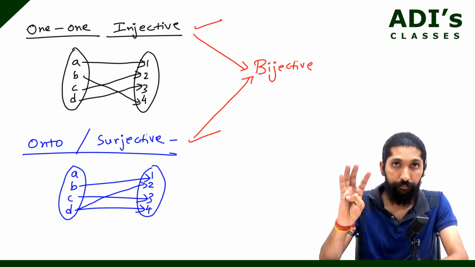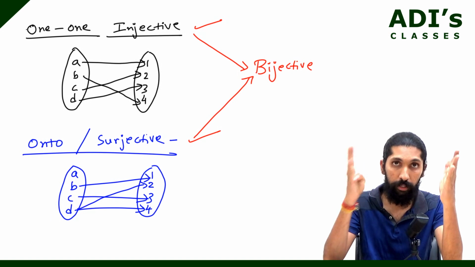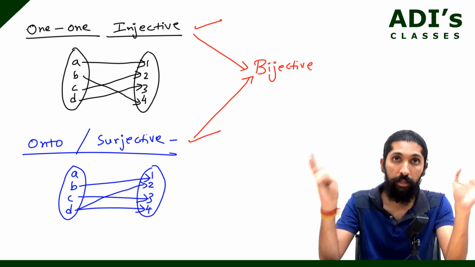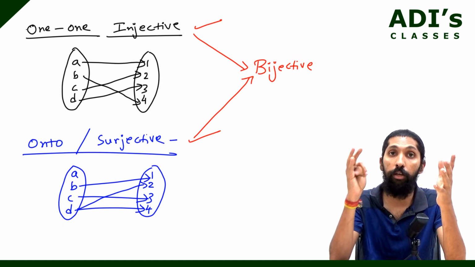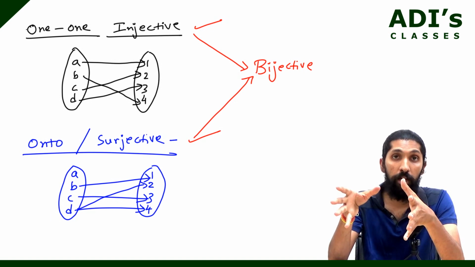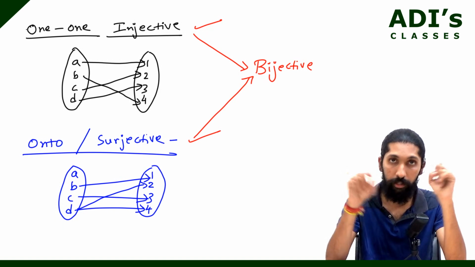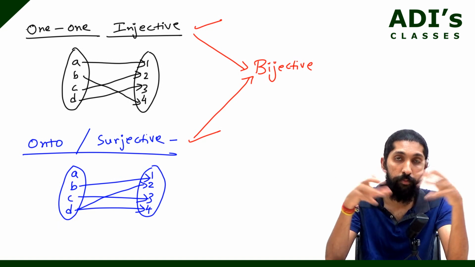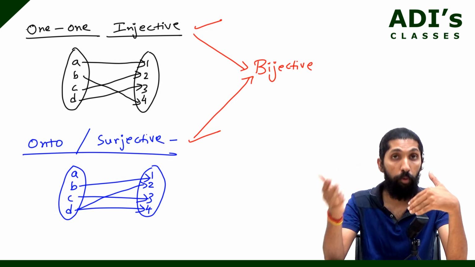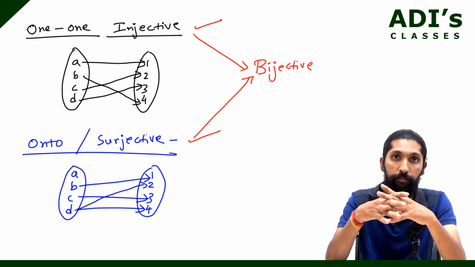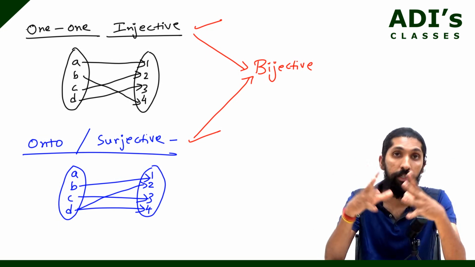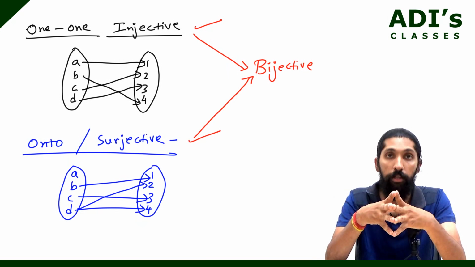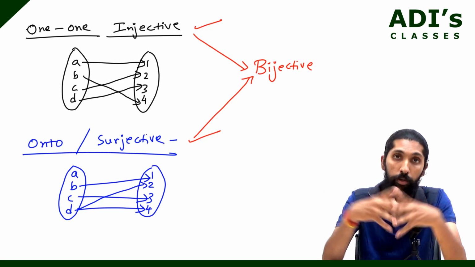One to one, injective, where each element has only one particular image. Next is onto, surjective, where every element in the range has at least one connection in the domain, or pre-image as we call it. If the function is both, then it is bijective. In the next video, we'll look into a few examples of bijective, injective and surjective functions. That way we'll understand what is what.